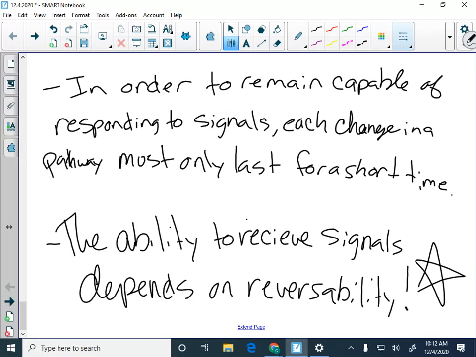If not enough signaling molecules are attached to our receptors, the cell response doesn't happen. When that cell response doesn't happen, when those ligands dissociate, that is when the cell returns to inactivity.